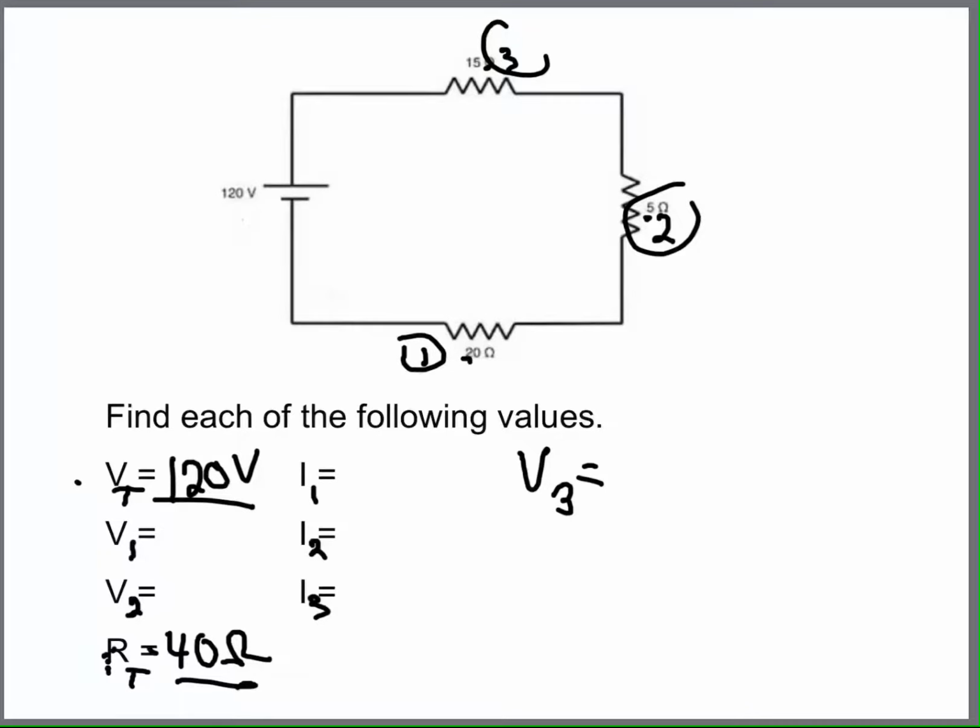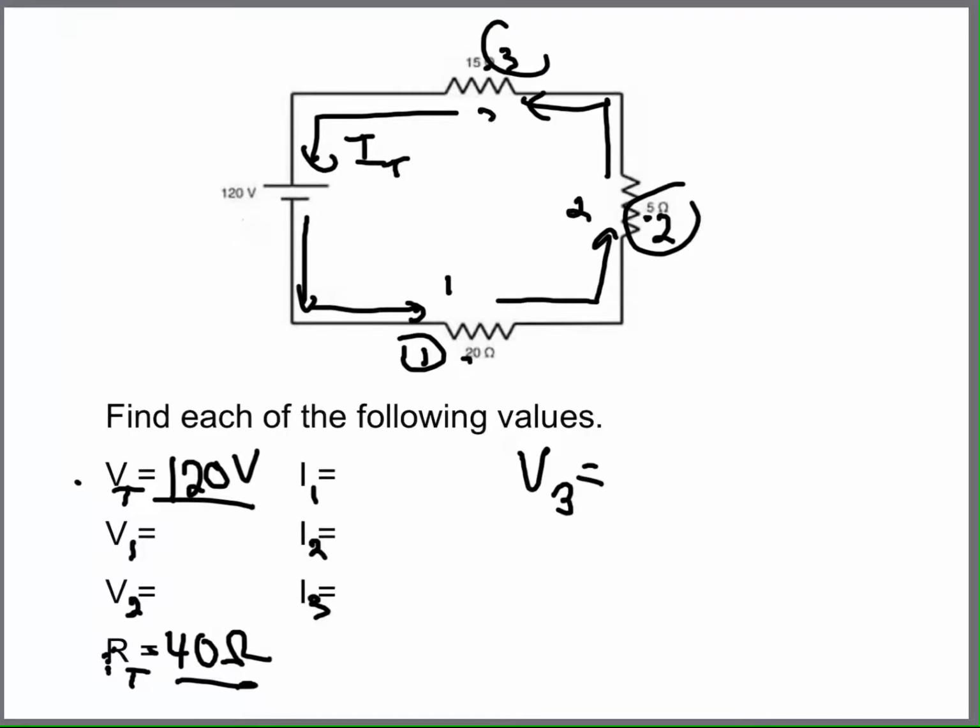Okay, so now I have R total and V total. Now, remember that the current going through this circuit is the same everywhere in the circuit. So if I know I total, I know I through 1 and 2 and 3. My next goal is to find I total. V total equals I total times R total.